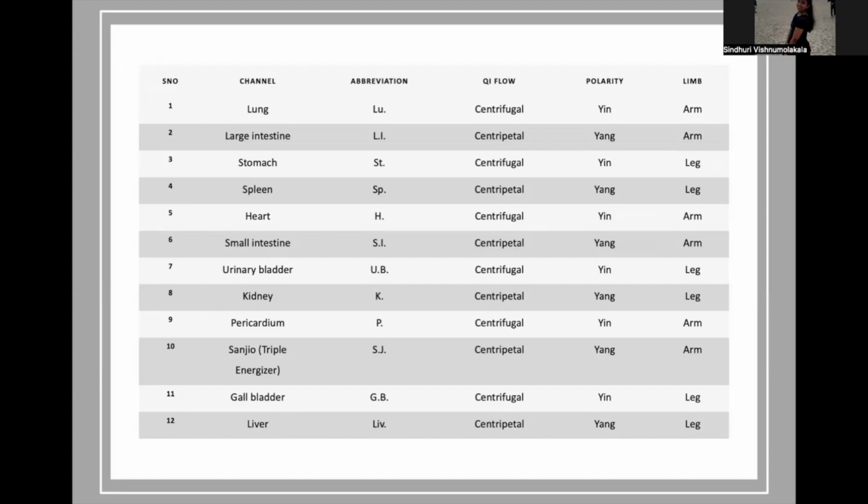So the energy from these meridians flows from the chest towards the hand anteriorly, where they connect with the three yang channels of the arm. Now, what are the yang channels of the arm? The large intestine, the Sanjiao, and the small intestine.